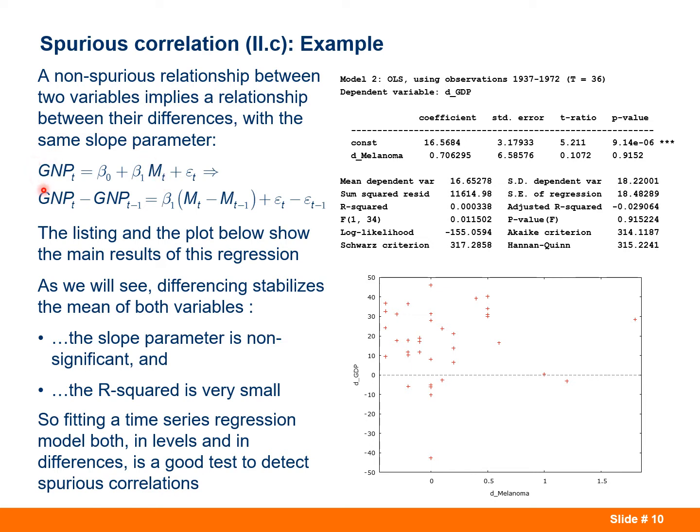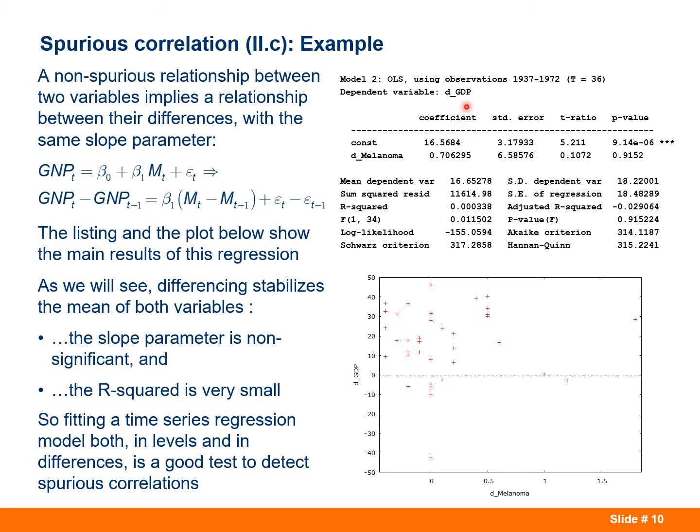If we move this expression backwards in time, we would get GDP sub t minus 1 equals beta 0 plus beta 1 M sub t minus 1 plus epsilon sub t minus 1. Subtracting both equations, we will have this expression here. That is, a relationship between the increase in GDP and the increase in the number of cases of melanoma, with the same slope parameter. So now let's try to estimate this model.